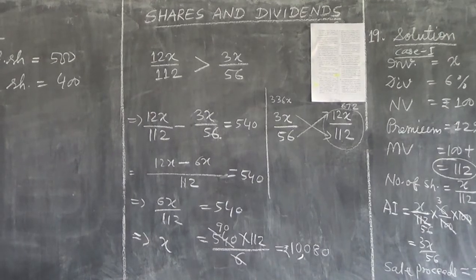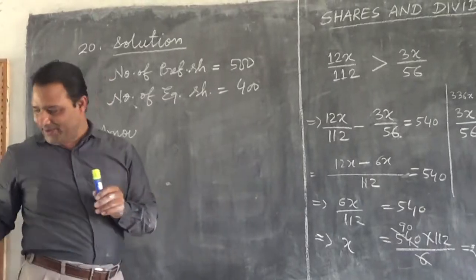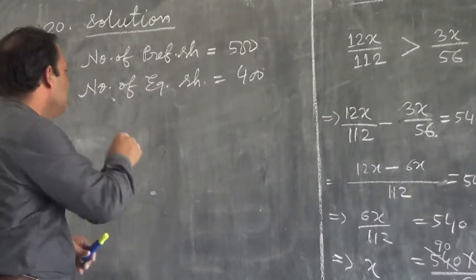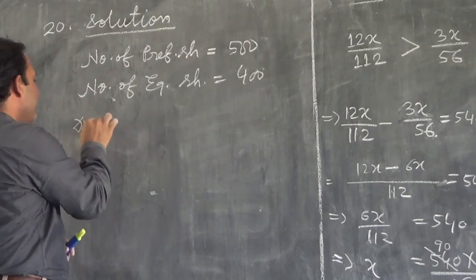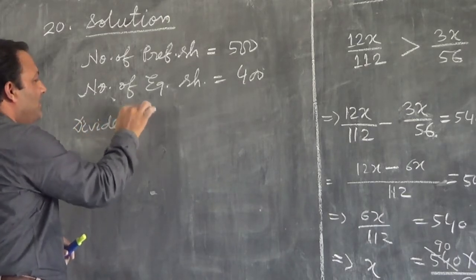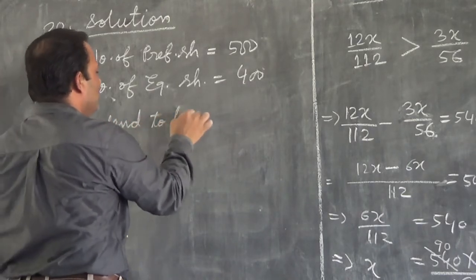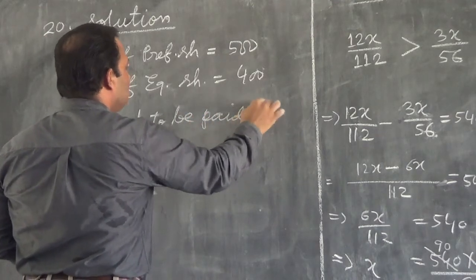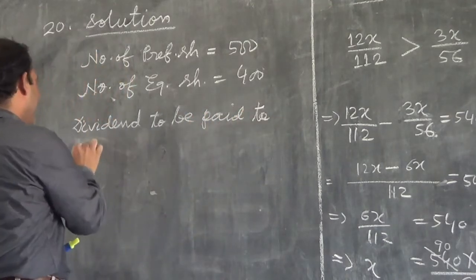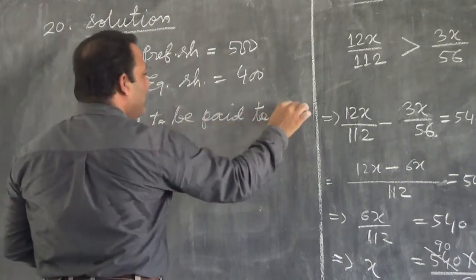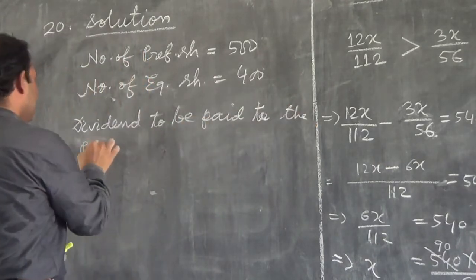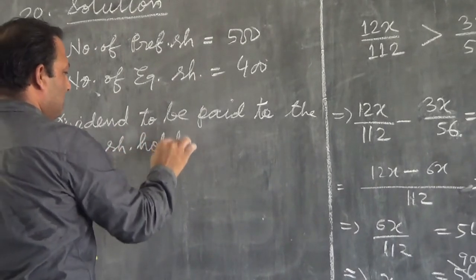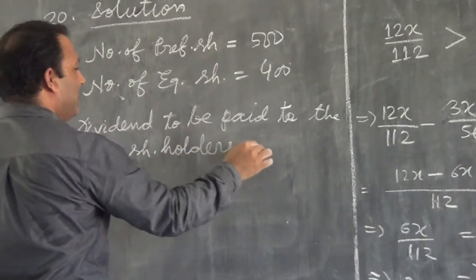So here we can write: dividend to be paid to the preference shareholders. How much money will be paid to them?